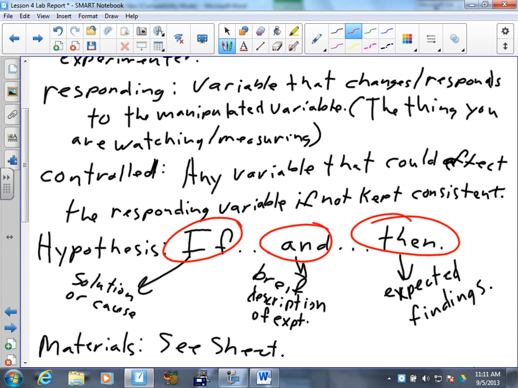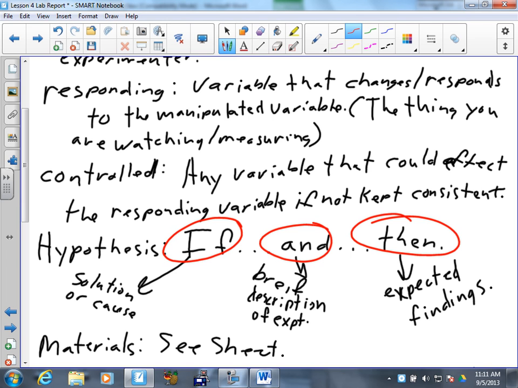Right? For our example here with the plexiglass, we could say this: if plexiglass gets stronger with increasing thickness, and a pistol is fired at sheets of plexiglass of varying thickness, then the thickest sheets will be less penetrated or will break less or something along those lines.